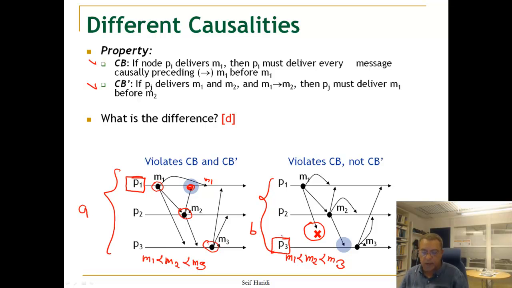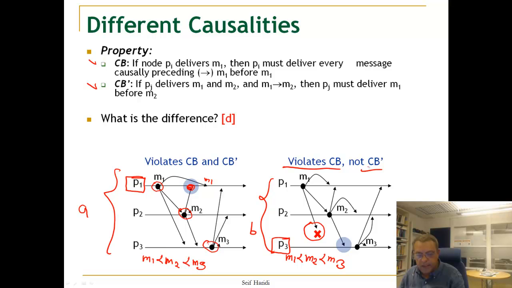So the message does not arrive. In this case, this is really not a satisfactory execution that we would like to have. This execution indeed violates CB, but does not violate CB prime. Look here, why does it not violate CB prime?